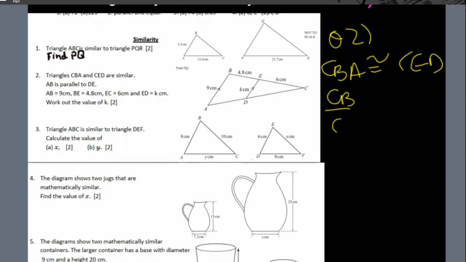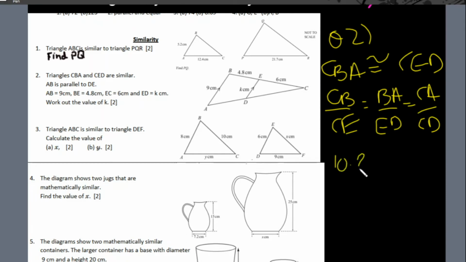CB over CE equals BA over ED equals CA over CD. So length CB is 6 plus 4.8, so 10.8 over CE is 6 equals BA is 9 over ED is K. So simply cross multiply and this should give us the answer.